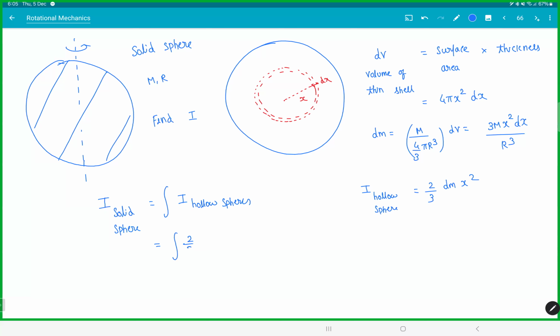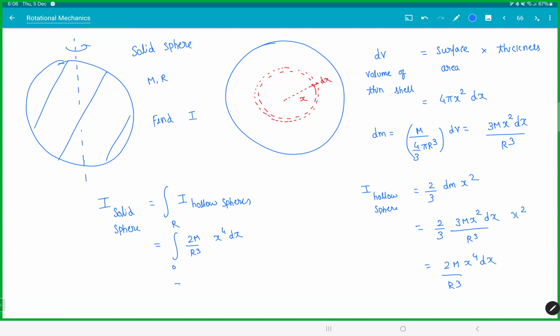That would be 2 by 3. Let's simplify this. 2 by 3, 3m x square dx by r cube, times x square. The 3 and 3 go off. 2m x power 4 dx by r cube, integrated from 0 to r.